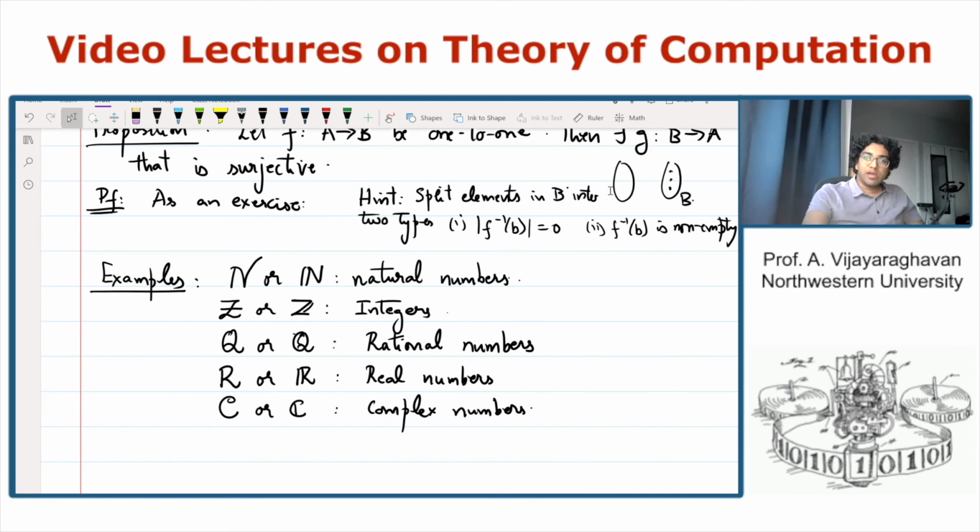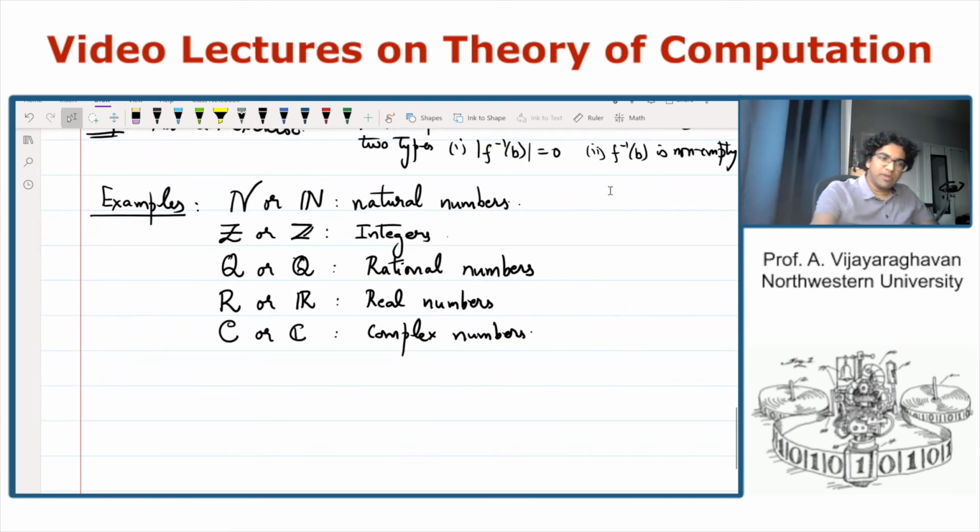Now here's another simple definition that we will use. And this is specifically with respect to natural numbers. Many times we'll be interested in comparing the cardinality of a given set to the cardinality of natural numbers. So here's a simple definition.